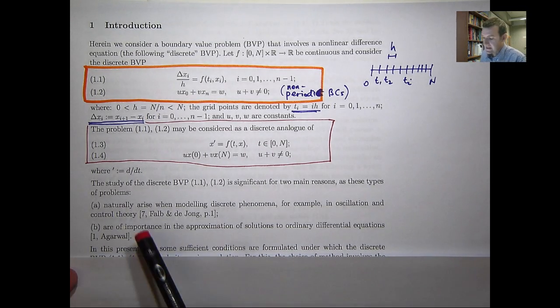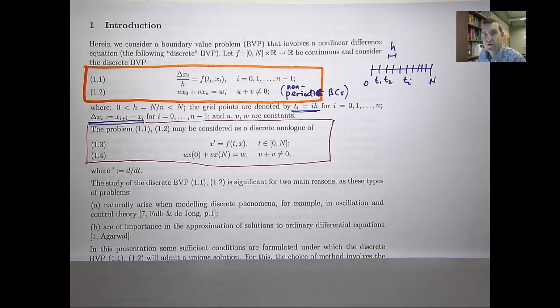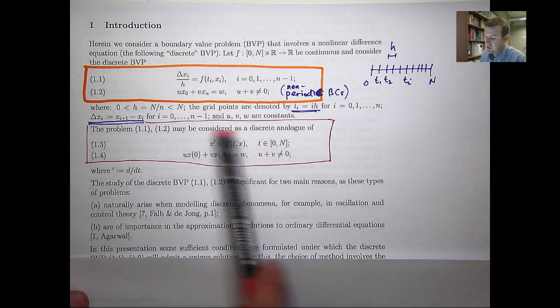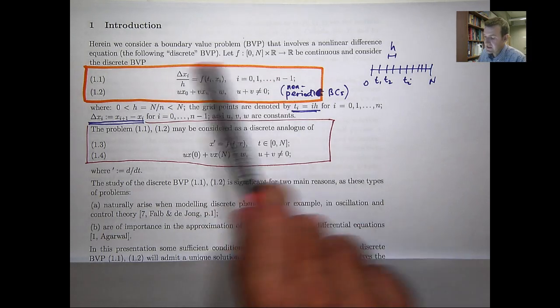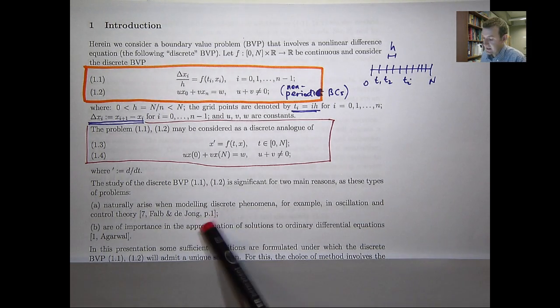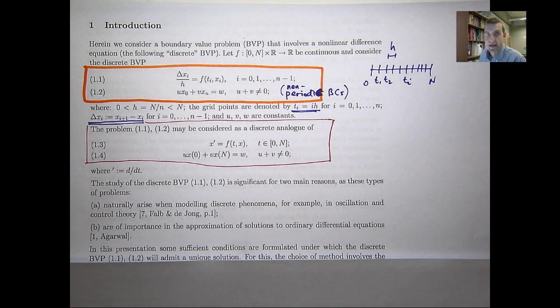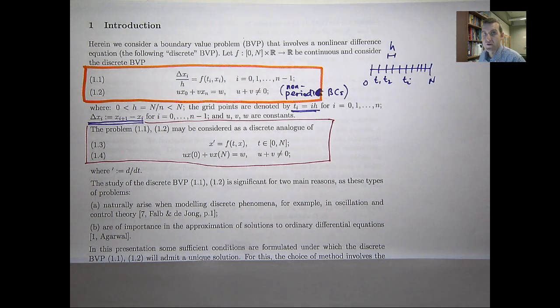Okay, and secondly, these kinds of discrete boundary value problems often arise when you want to approximate the solutions to ODEs and the associated boundary value problems. So in my experience, there's two kinds of motivation for studying a problem like this. One is discrete modelling, and the second is numerical significance and connections with solutions to the corresponding ODE and boundary value problems.